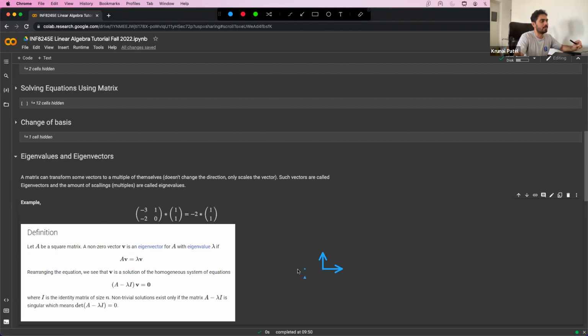So that will be 1, 2, 3, and -2 will be somewhere over here. So my i hat will be transformed, let's use a different color, to -3, -2, and my j hat remains the same, right? So this is still my j hat.